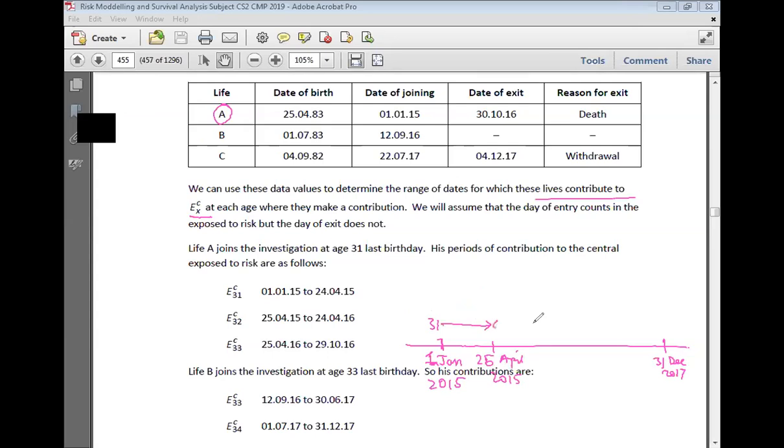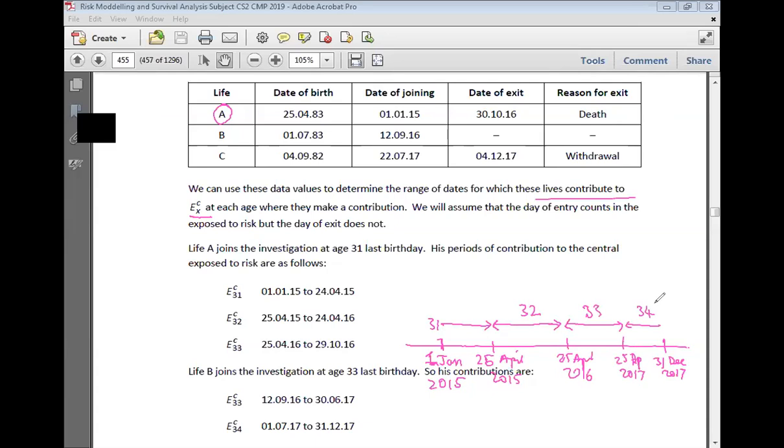After this instance, this guy will turn 32, till 25 April 2016. And then we will have one more stop, which is 25 April 2017. So this guy will be 32 up until this, and then 33, and then 34. Does this make sense?